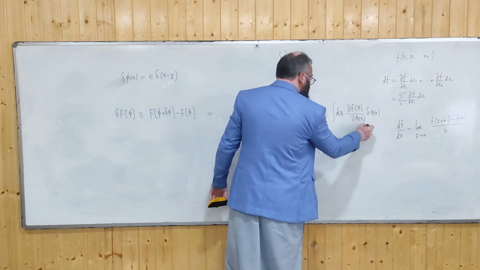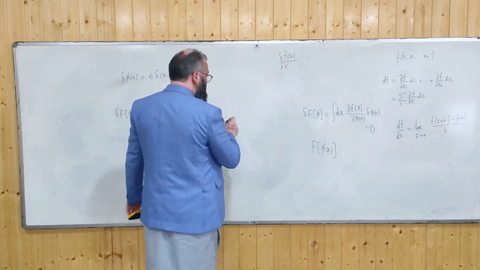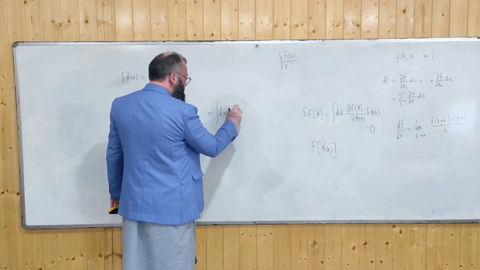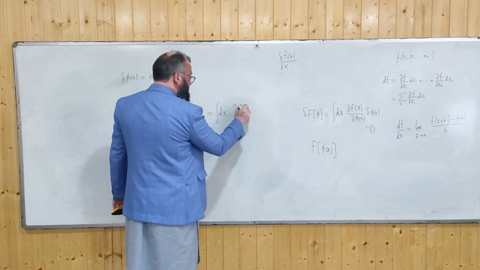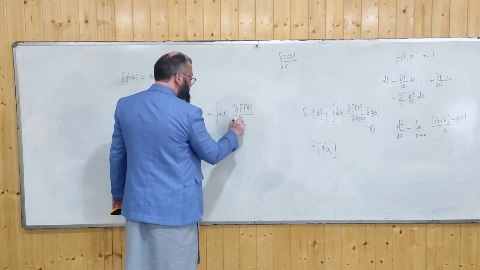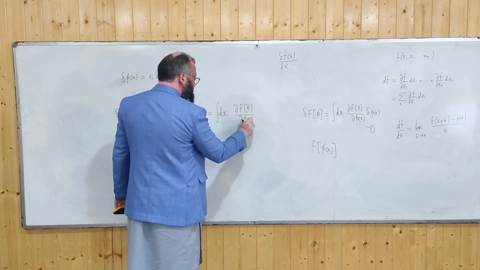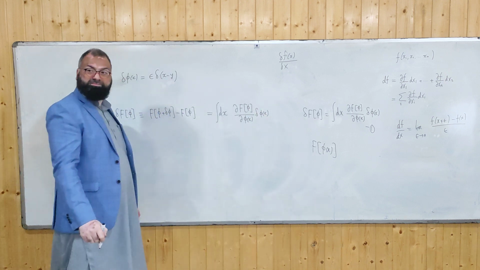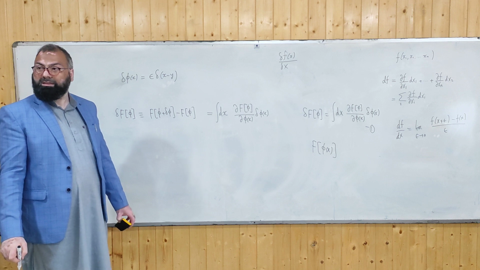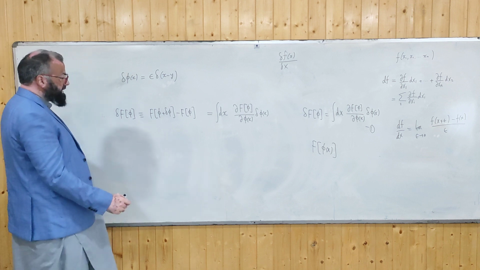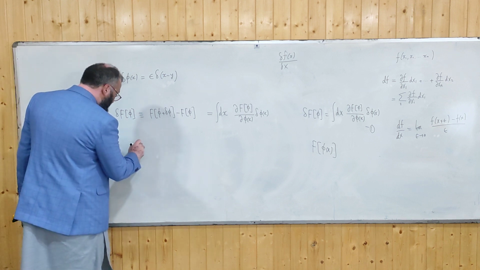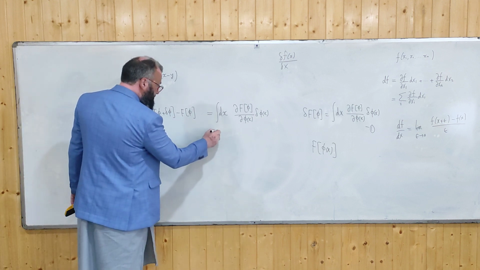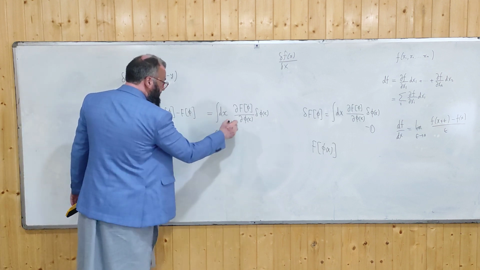Let's call this definition 1. So this is equal to the integral dx, like this. Or I can write it this way. So let's try. What is this delta phi equal to?